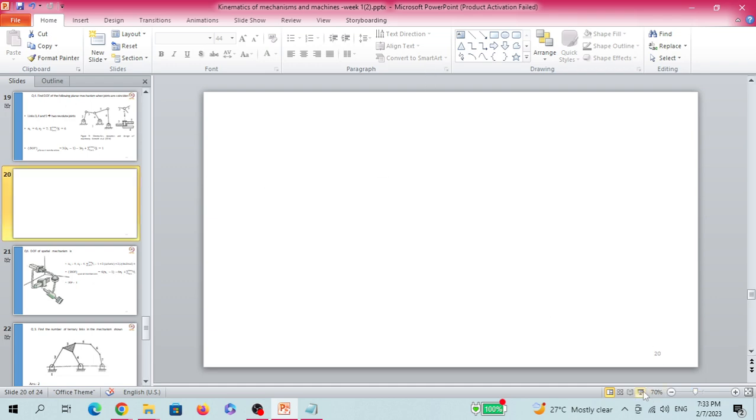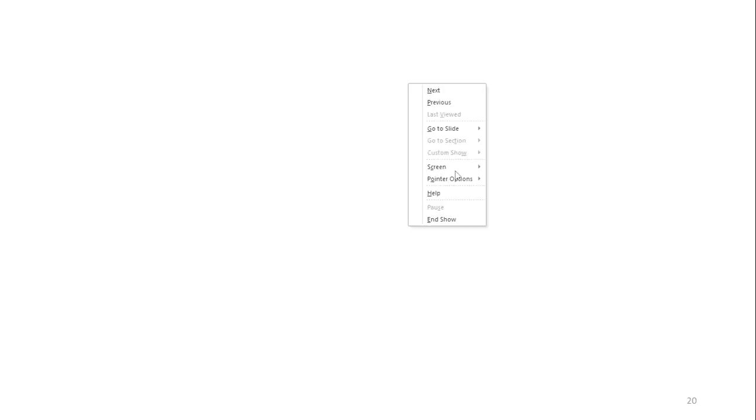So we'll draw one kinematic diagram for this. I have a prismatic joint or a sliding joint here, and one sliding joint here.